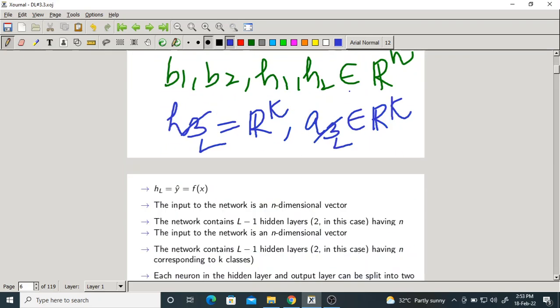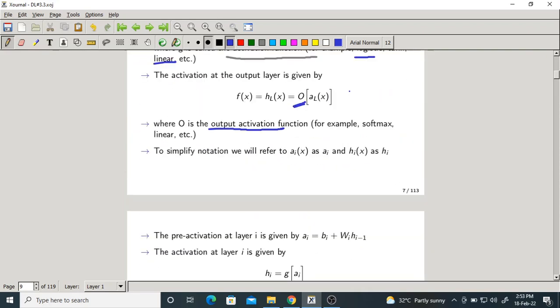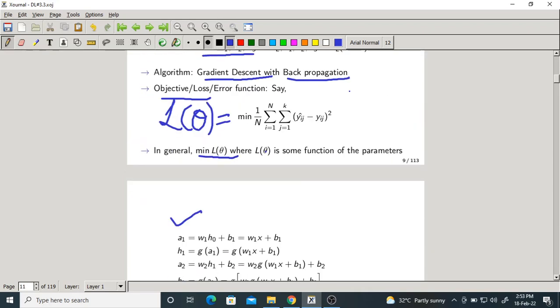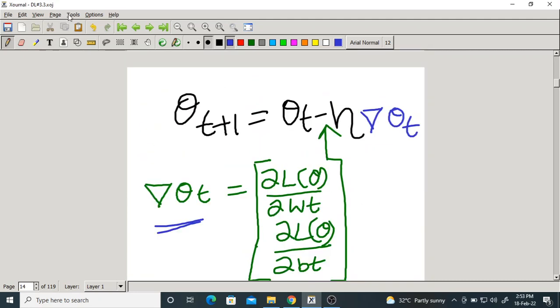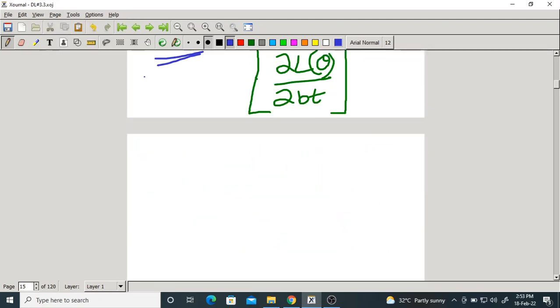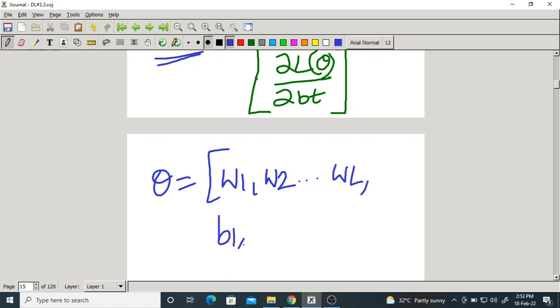So obviously we have to learn many parameters in our deep neural network. So theta is w1, w2, and so on up to wL, as well as b1, b2, and so on up to bL. These many parameters you have to learn.